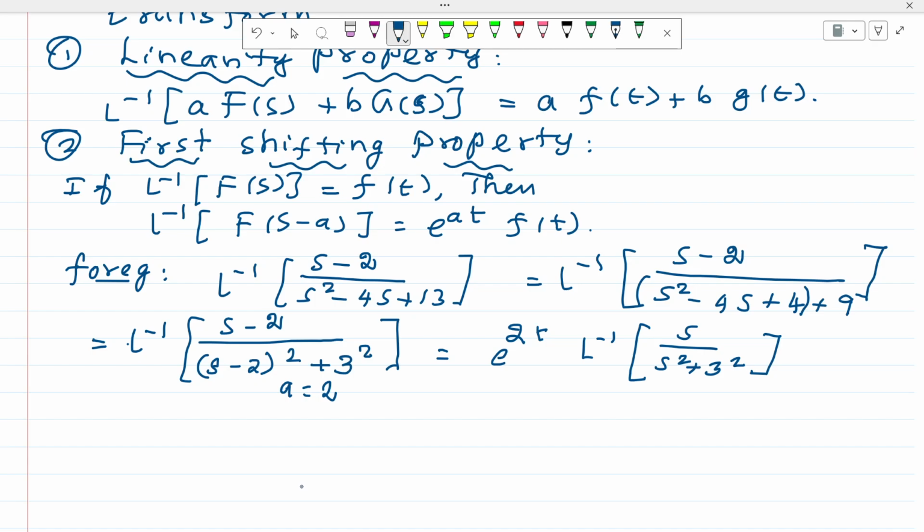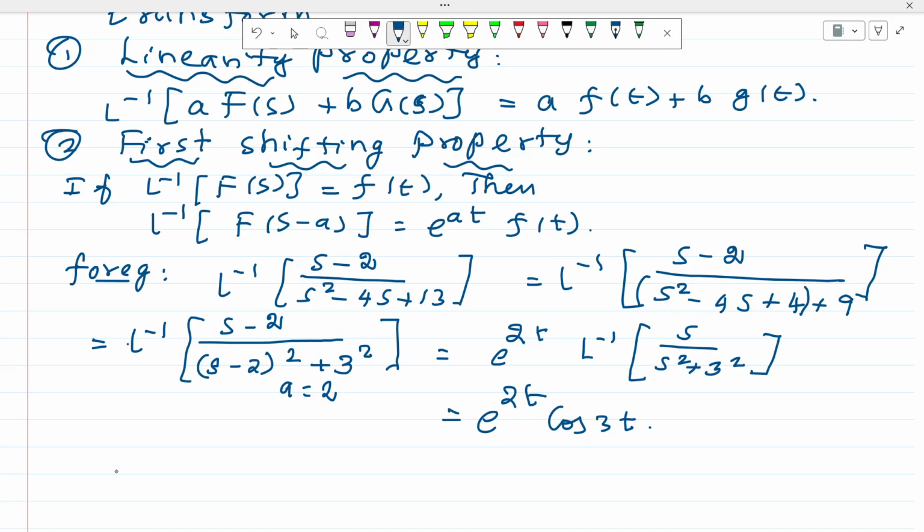What is the formula for s divided by s square plus 3 square? Cos 3t. So e power 2t cos 3t is the answer.